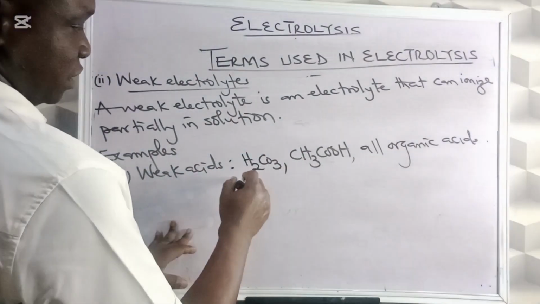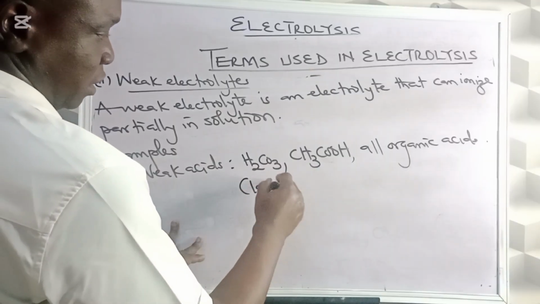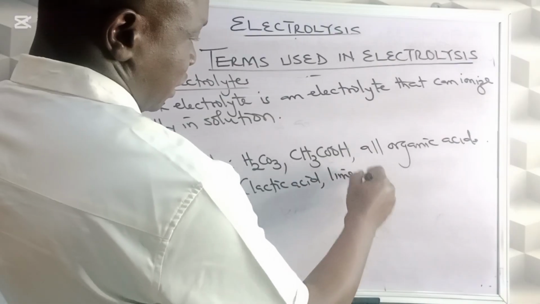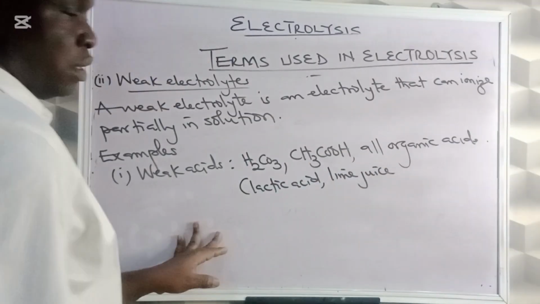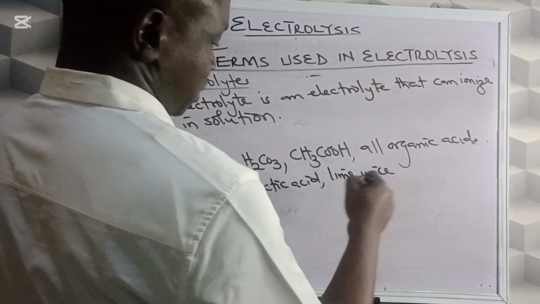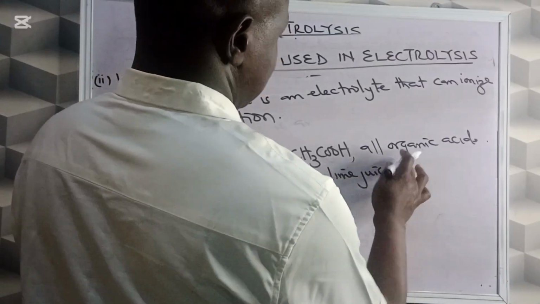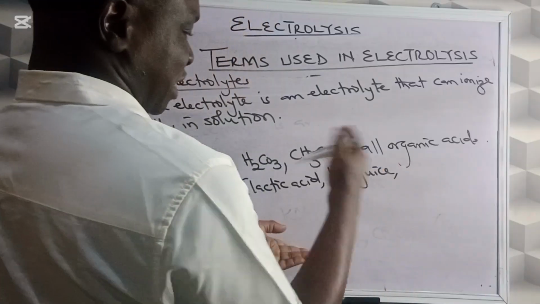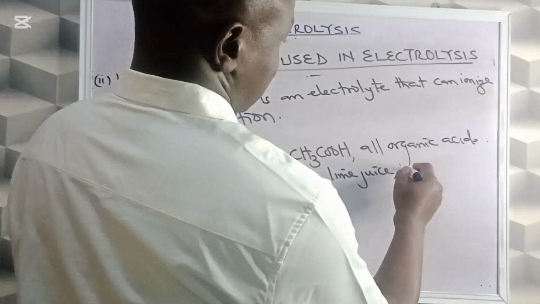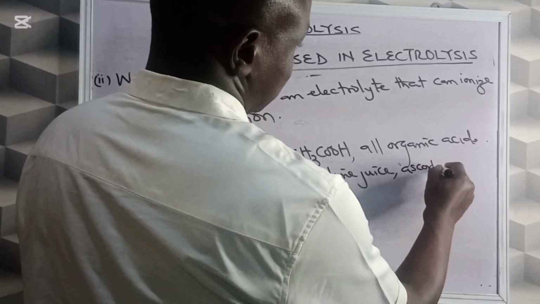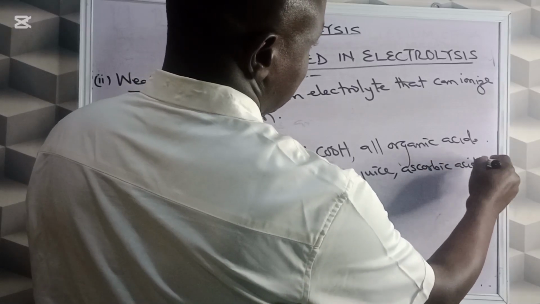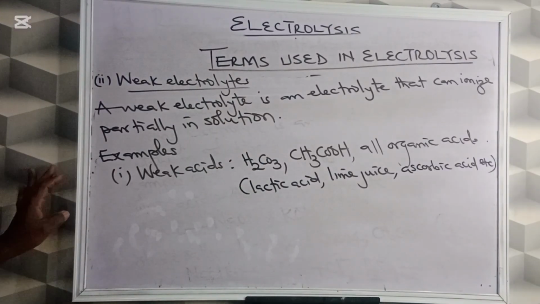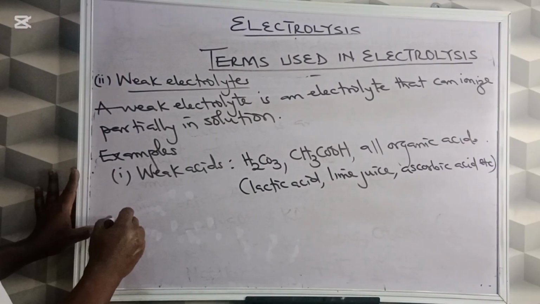Under organic acids, you can talk of lactic acid, lime juice, that is citric acid, acetic acid, that is ethanoic acid, ascorbic acid, and so on.